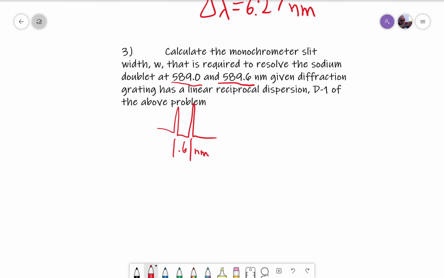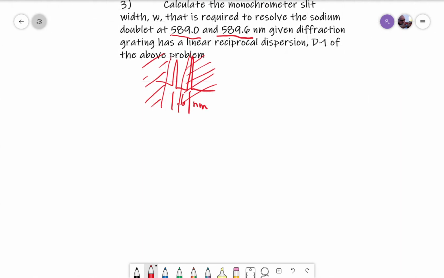Resolving that requires a bandwidth that is half as big as the delta lambda getting through the slit. So we define that as delta lambda resolved is equal to 2 W d to the minus 1.